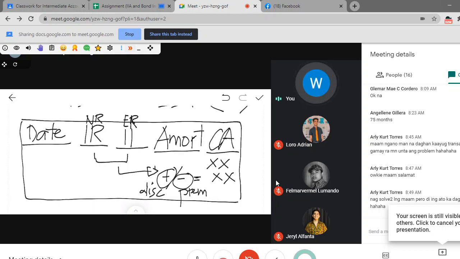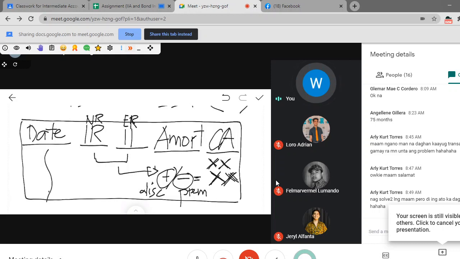So, whatever is here, plus discount equals this. Or, whatever is above, minus the premium equals this. So, it is not just two rows. It can be 5 rows, 6 rows, depending on how long your bonds are. Okay? So, depends on the date. So, that is our amortization table.